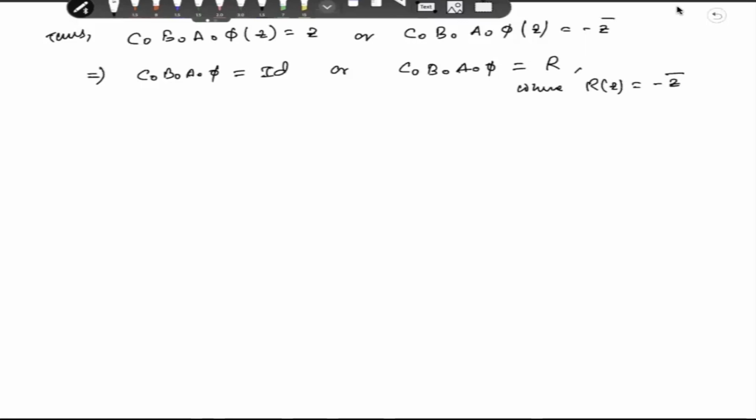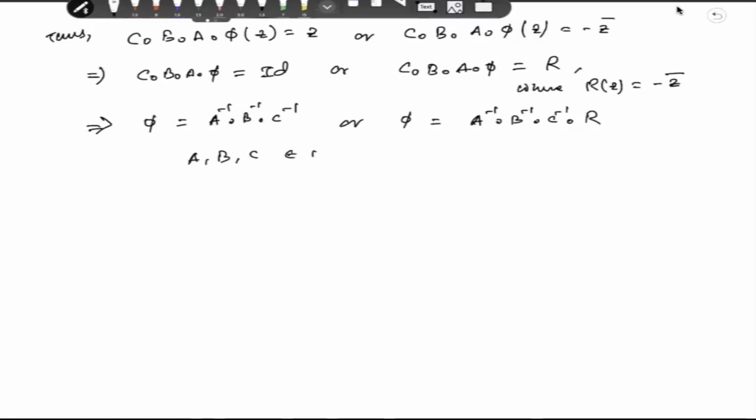Therefore, phi is equal to A inverse compose B inverse compose C inverse, or phi is equal to A inverse compose B inverse compose C inverse compose R. Since A, B, C belong to PSL2(R), the inverse also belongs to PSL2(R).